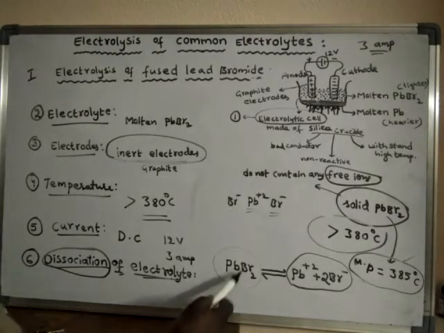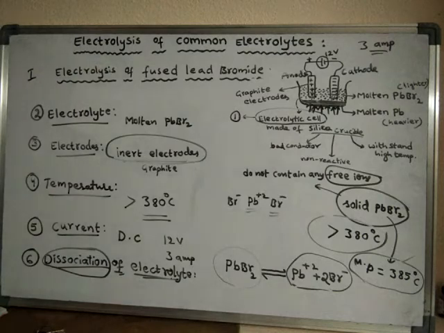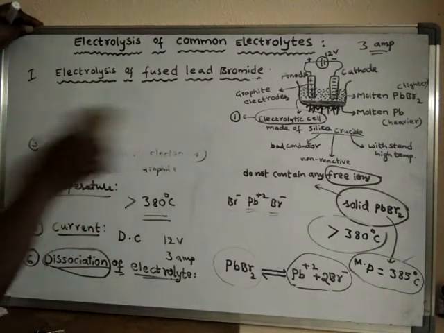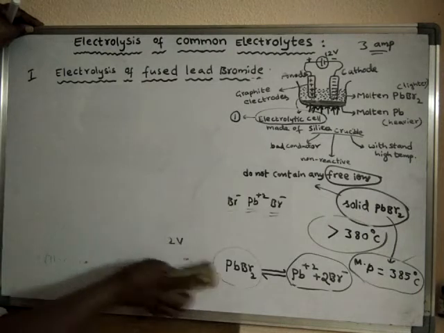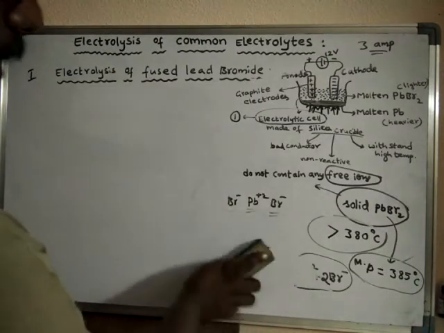Because of this dissociation, free ions are obtained; otherwise free ions are not found. Next is electrode reactions. What are the reactions that occur at the electrodes? We will learn those reactions.